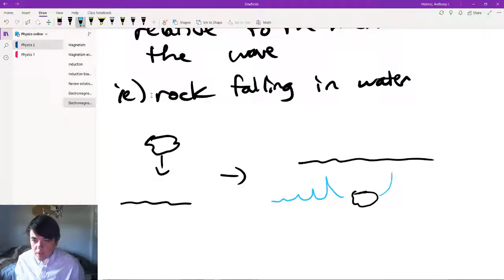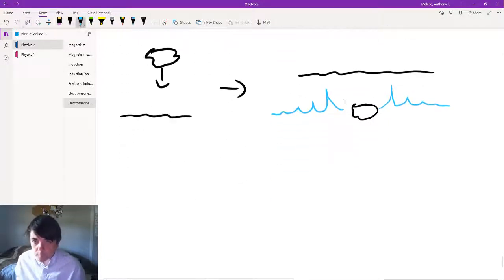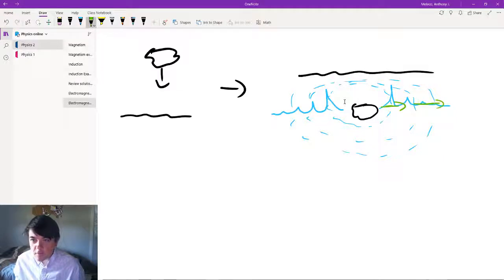You start getting these waves that propagate outward, right? If you look, like you're in a pond, they circle out like that, right? And the motion of the wave is outward. So this is v. So the particles are moving up and down.